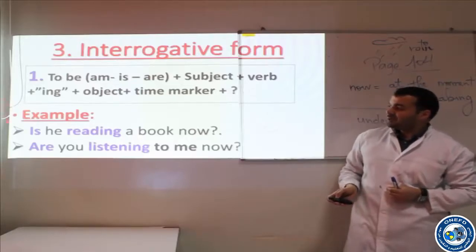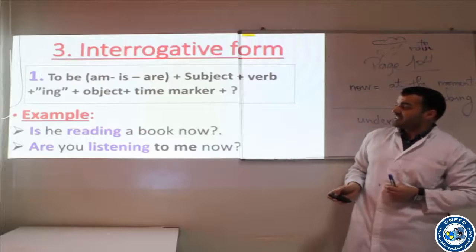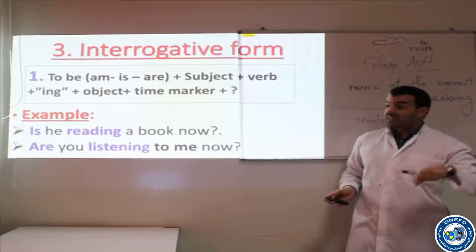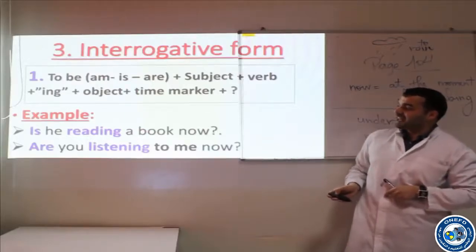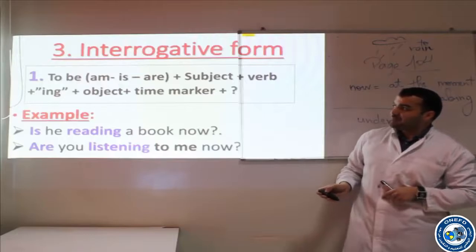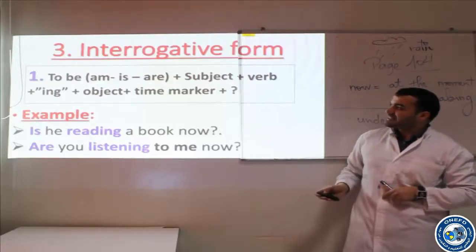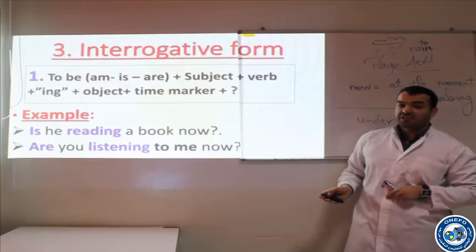Wonderful. For example, is he reading a book now? So, to be in present simple is, plus subject here, he, plus verb, to read, plus ing. So, is he reading? Where is the object here?